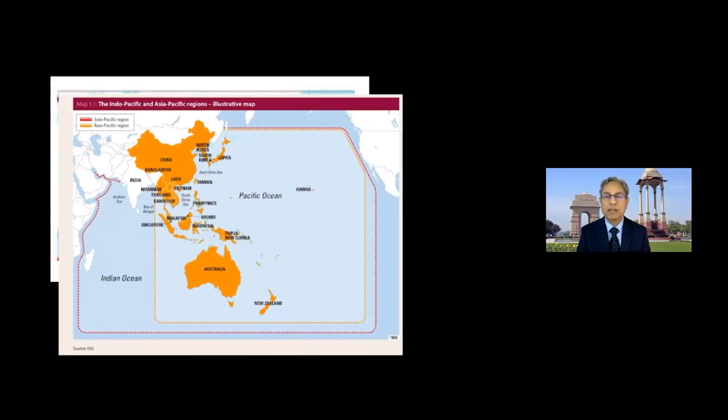Now compared to that, you see a slightly bigger brown line on your map that goes all the way to Africa's east coast. Now that is the new space which is called the Indo-Pacific. So the Indo-Pacific now includes a much larger part of the Indian Ocean than Asia Pacific. Therefore, India is now part of the Indo-Pacific region.